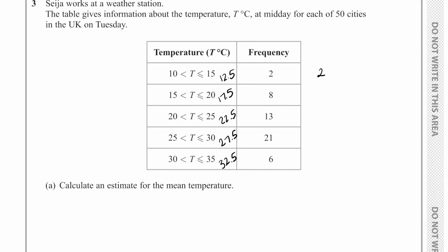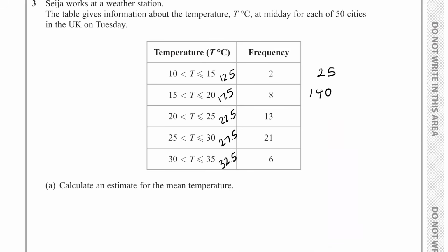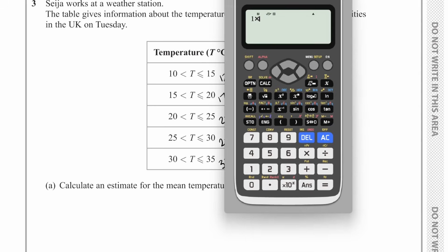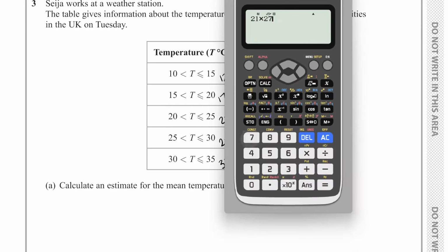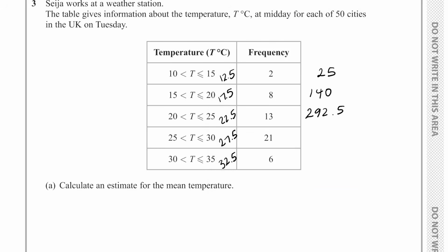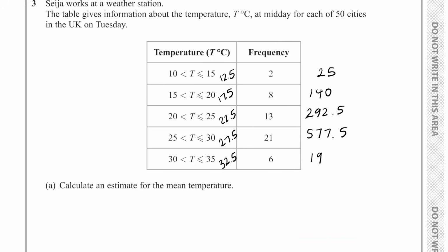That's 25 degrees. 8 17.5s adds up to 140. 13 22.5s makes 292.5. 21 27.5s is 577.5, and 6 32.5s makes 195.